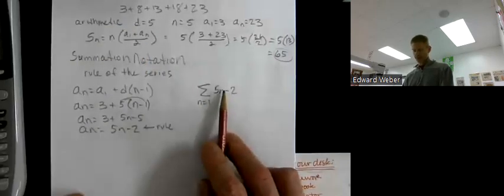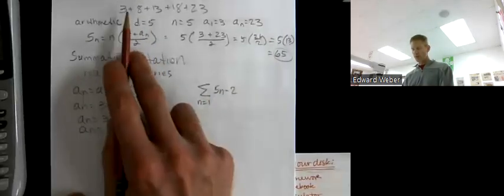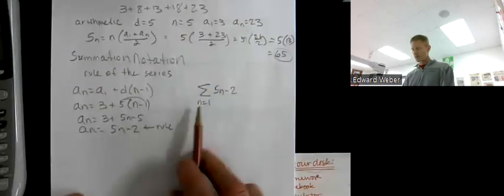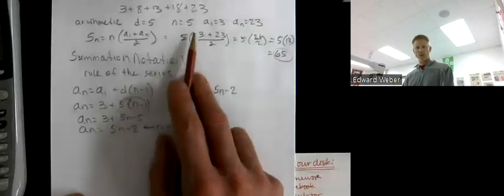Plug in a 2, 10 minus 2 is 8. And you can keep going up, 1, 2, 3, 4, 5. Plug in a 5, you get 25 minus 2 gives you 23.